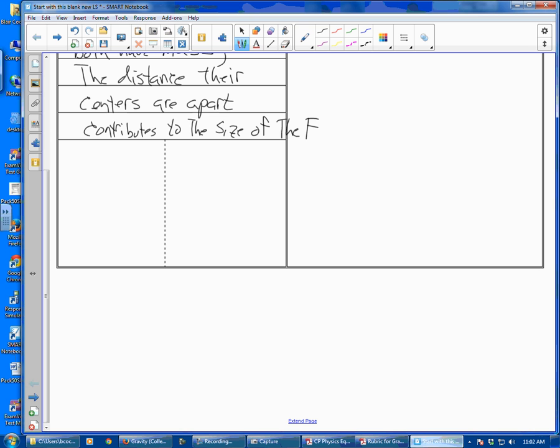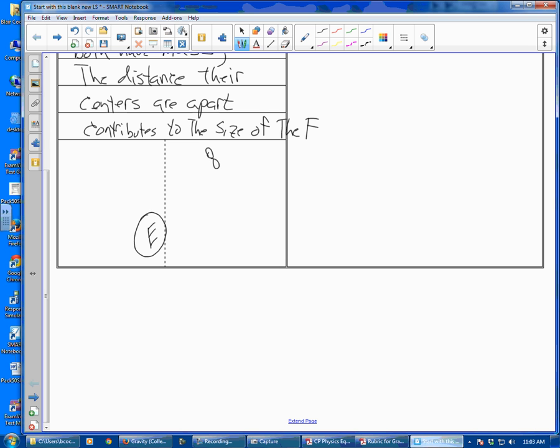So let's see, we've got our two bodies: we have the Earth and we have our satellite. And I think I'm going to draw our Earth a little bit bigger. Earth, satellite.